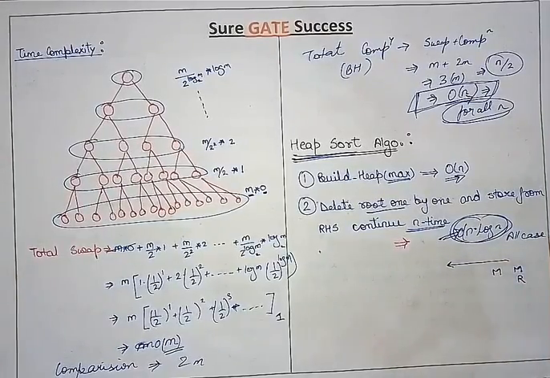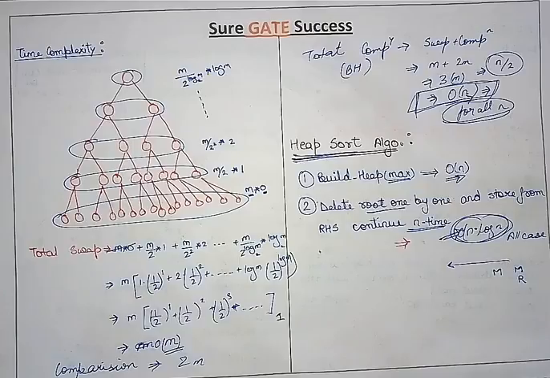Heap sort is one of the very important topics in GATE CSE, and almost every year a question comes from heap sort, either of 2 marks or 4 marks. 2 to 4 marks will definitely be from this particular topic.